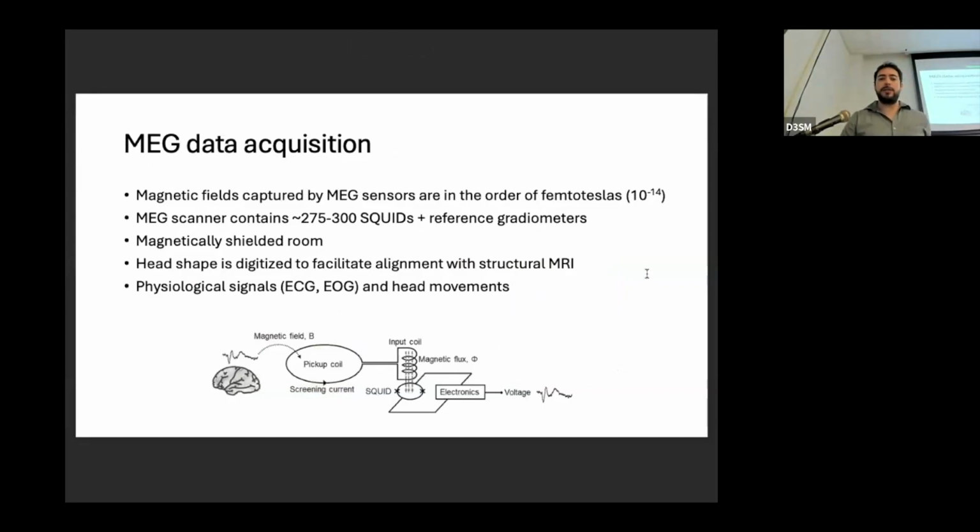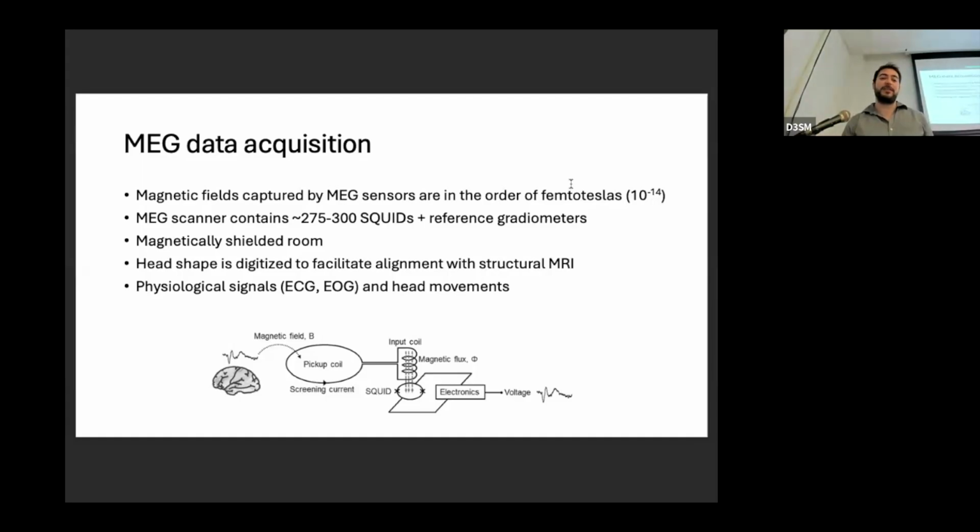So for acquiring MEG data, we need a lot of technical equipment. The sensors that capture these magnetic field fluctuations have to be extremely sensitive, because the order of magnitude of MEG signal is around the order of femtoteslas, which is 10 to the minus 14 teslas, which is very, very, very small.